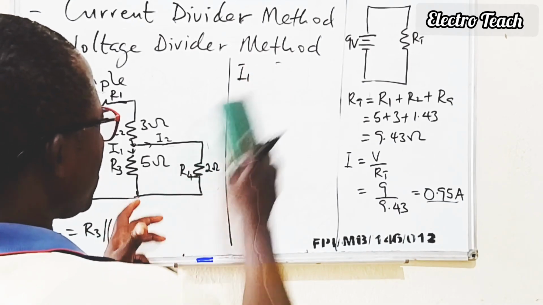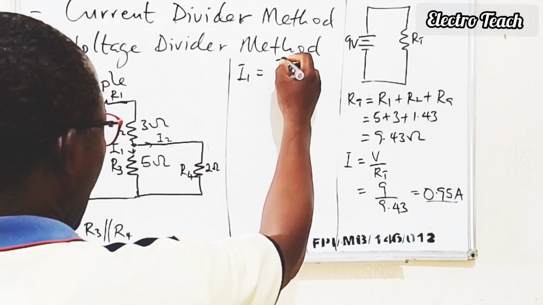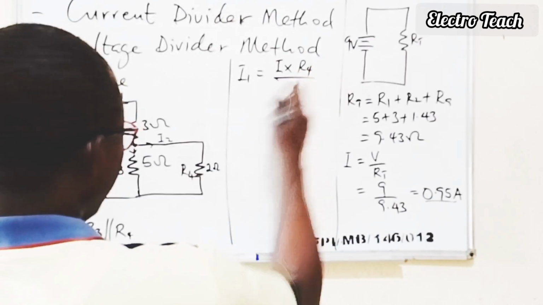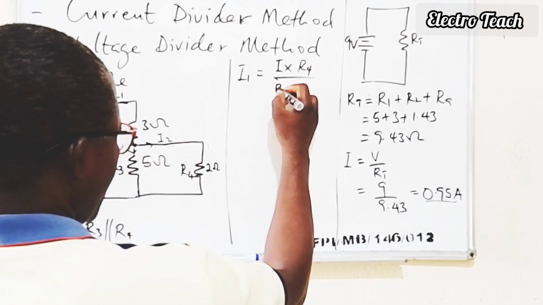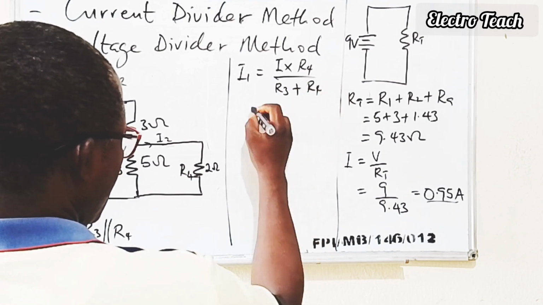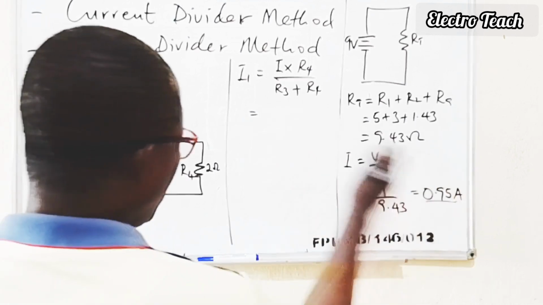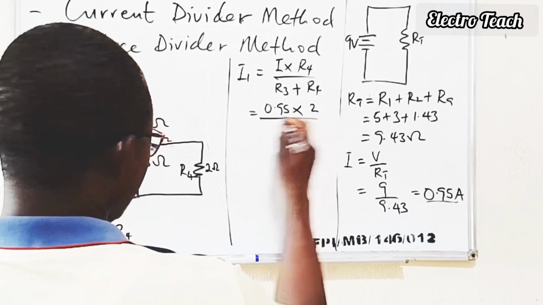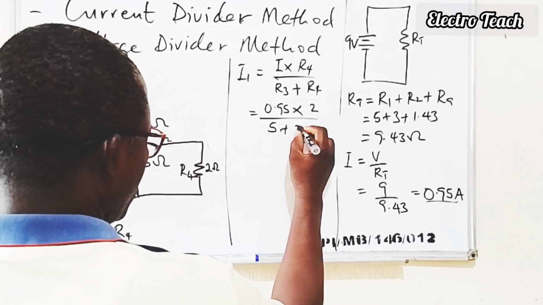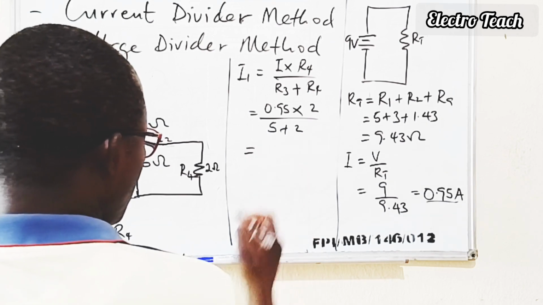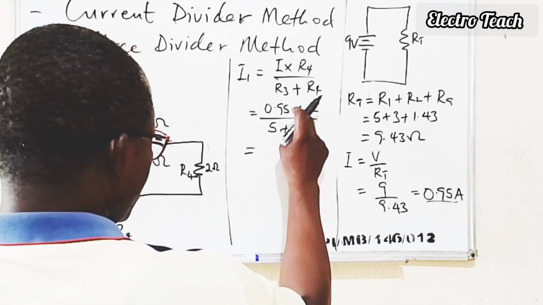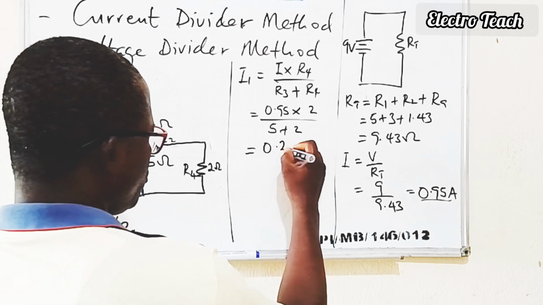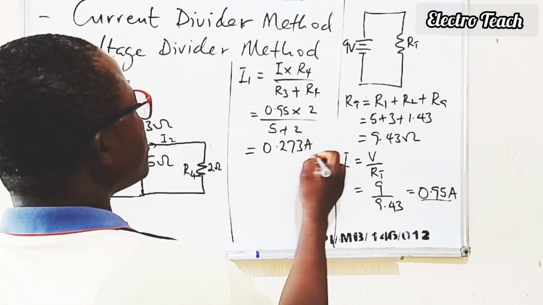I1 using the current divider method equals I multiplied by R4 divided by the summation of R3 and R4. And that gives us 0.95 multiplied by 2 ohms divided by 5 plus 2. That is 0.95 times 2 divided by 7. And if you punch that on your calculator, this is 0.273 amp.